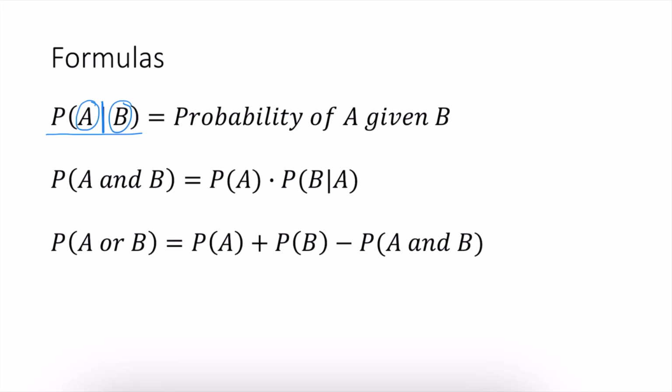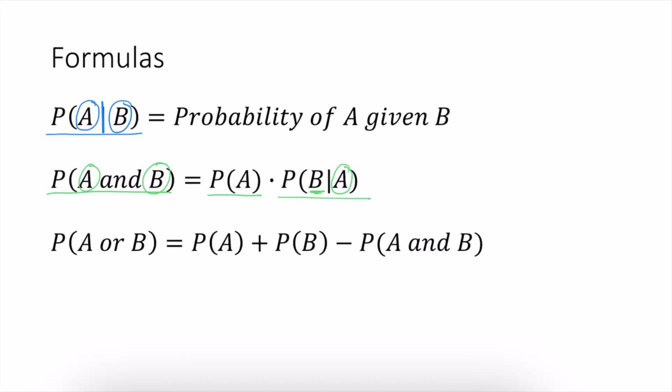And this is important because it's used in the formula to find the probability of event A and event B happening. The way that this is calculated is you find the probability of event A happening by itself, and then assuming that A happens, you find the probability of B. And this formula can actually be extended for multiple events.